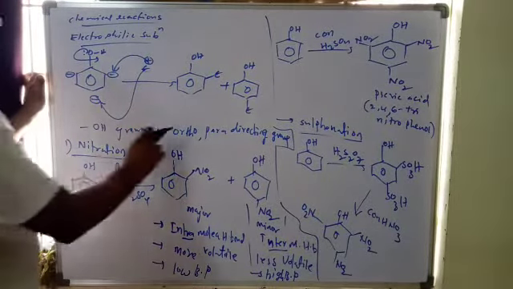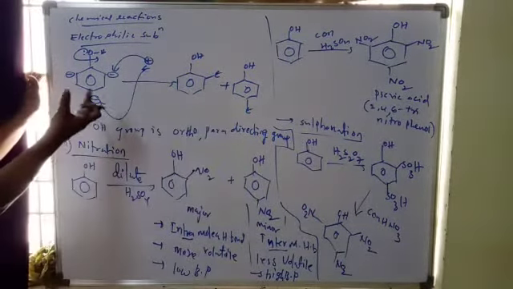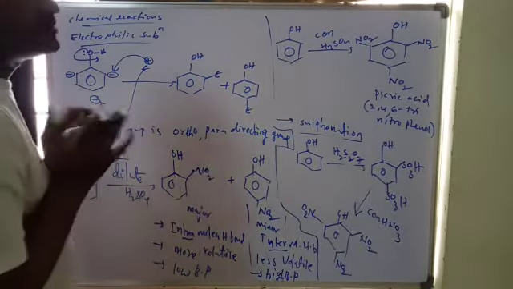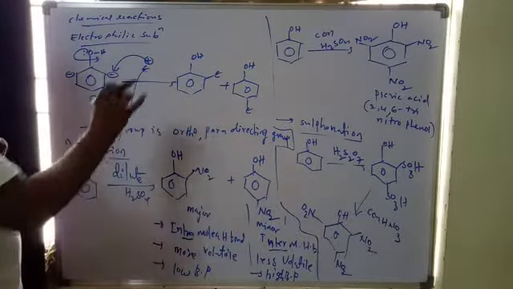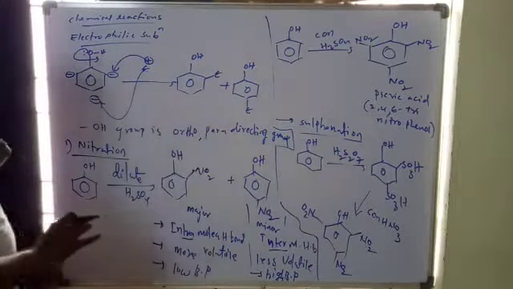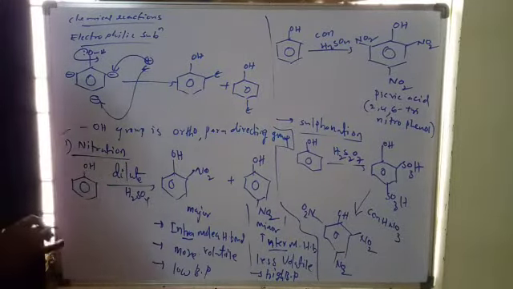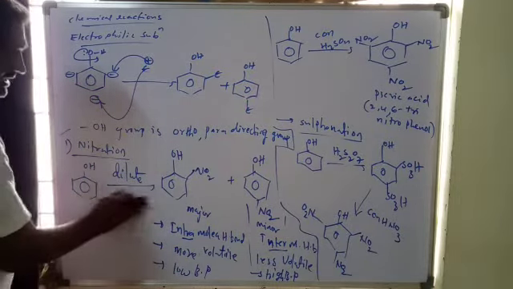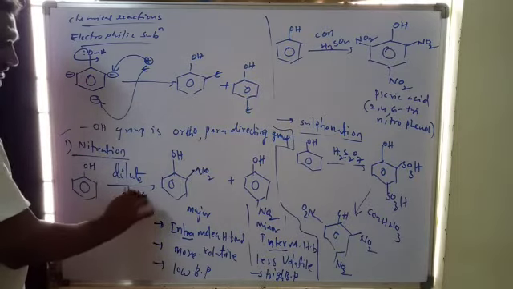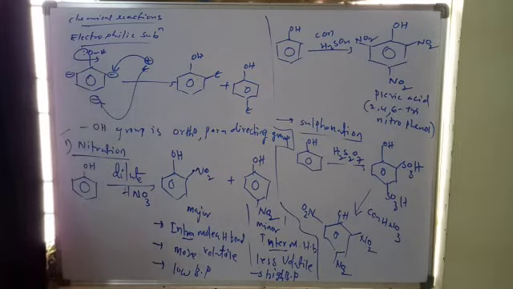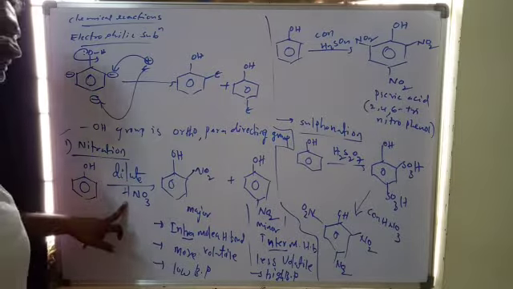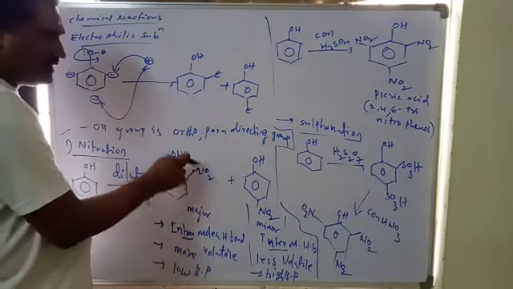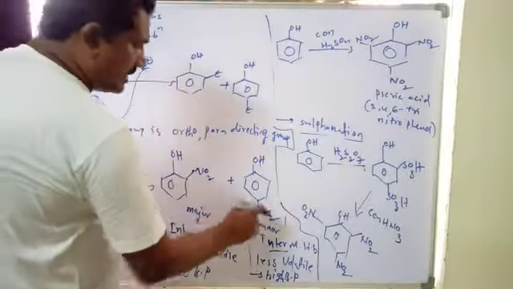Okay now. So OH is an ortho-para directing, ring activating group, right? So in the phenols, electrophilic substitution takes place at ortho and para positions. Then the first example, nitration. When phenol is reacted with dilute nitric acid, dilute HNO3, it majorly forms ortho-nitrophenol and para-nitrophenol.